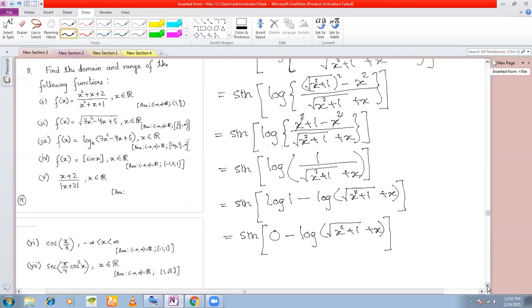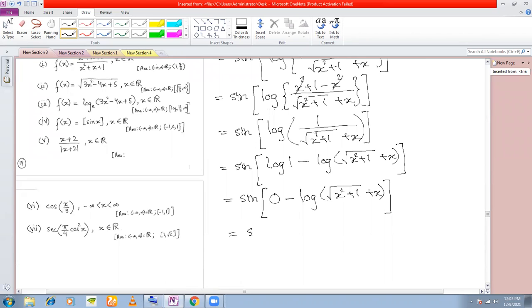So effectively you are getting sine of minus log of root of x square plus 1 plus x. And sine of minus theta is minus sine theta, so you can take this minus sign out: minus sine of log of root of x square plus 1 plus x.